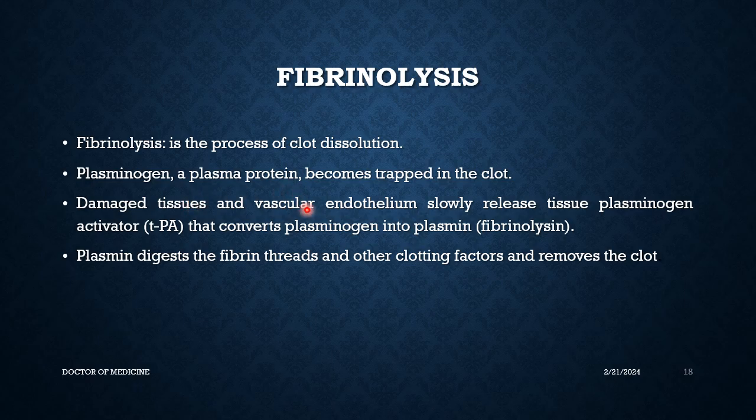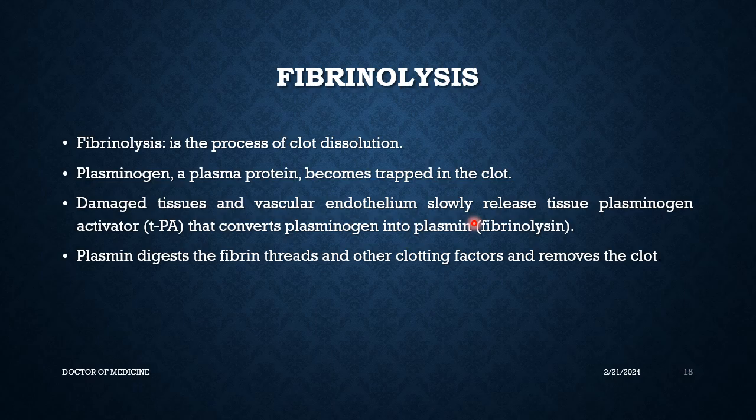We need yet another plasma protein which remains trapped within the blood clot. This plasma protein is called plasminogen. Plasminogen is the inactive form. It is activated by what we call tissue plasminogen activator, which is released by your endothelial cells.